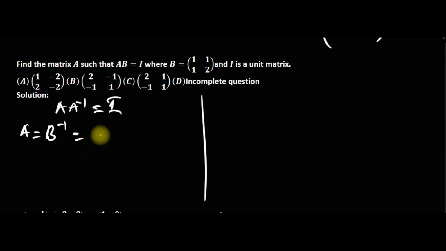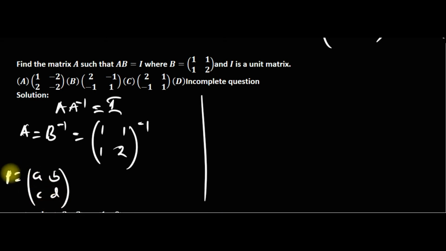Which is the inverse of this. And you remember, to find the inverse of a 2 by 2 matrix is very simple. Assuming you are given a matrix, let me use a matrix P equal to A, B, C, D. This is P. The inverse is very simple.